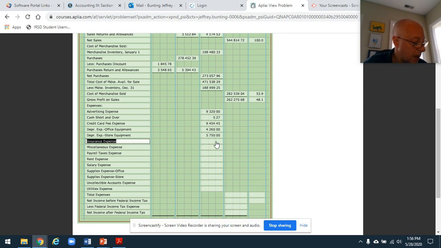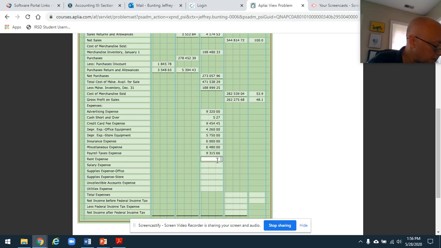Okay, insurance expense. Got 6,000 if I'm looking at that right. Miscellaneous expense, check fees, whatever. That's miscellaneous. Payroll tax expense, 9,315.66. Okay.